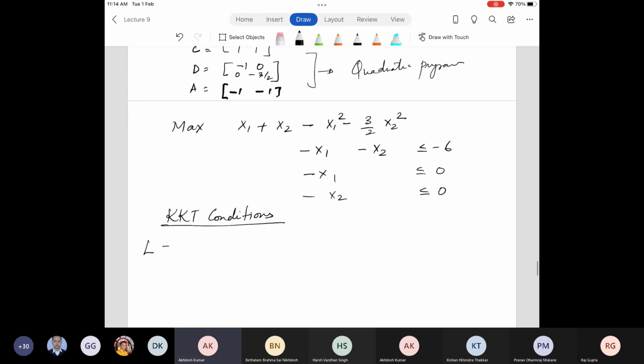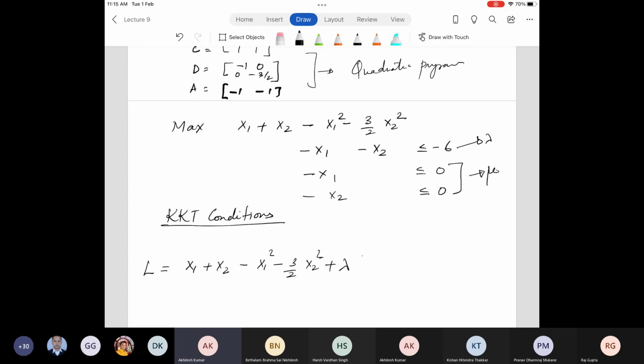My Lagrangian becomes x1 plus x2 minus x1 square minus 3 by 2 x2 square. For the functional constraint I will use lambda as my multiplier, and for the non-negativity constraints I will use mu, just to distinguish between the functional and non-negativity constraints.